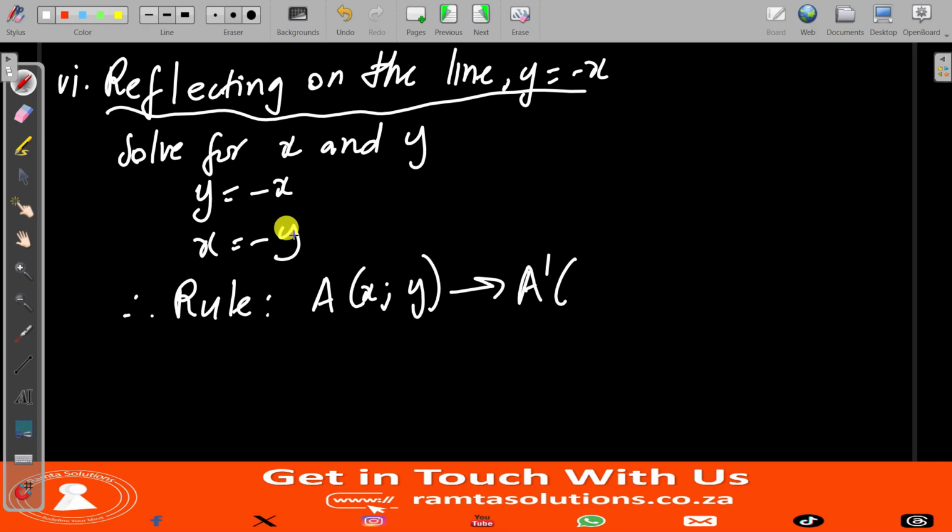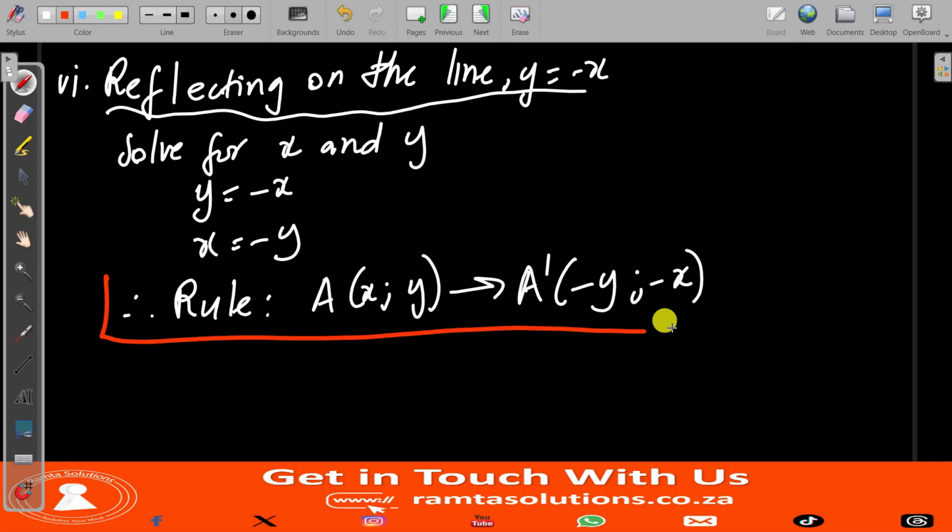As you can see, we said it's negative y. And then what is the value of y? We said it's negative x. Just like with y equals x, but this one, they are all negative. This is the rule.